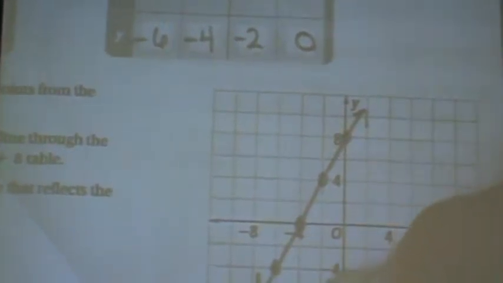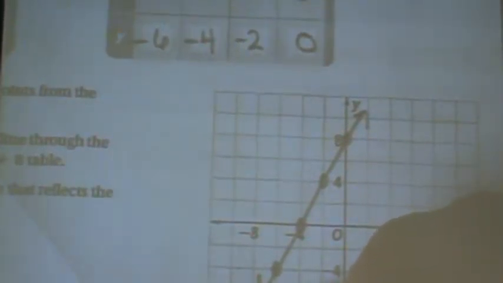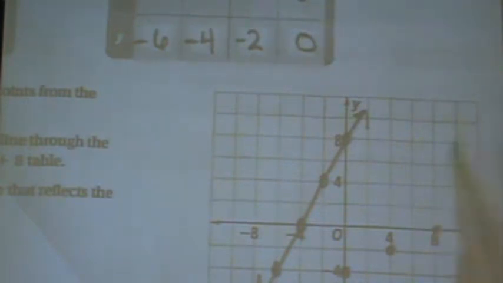This is the inverse of that. So we're going to do -4, -6. Then 0, -4. Then 4, -2. And then 8, 0. And we're going to connect these dots.